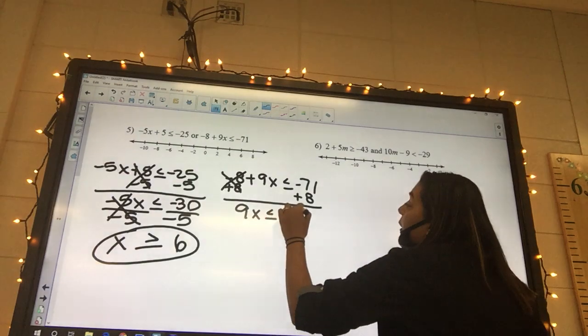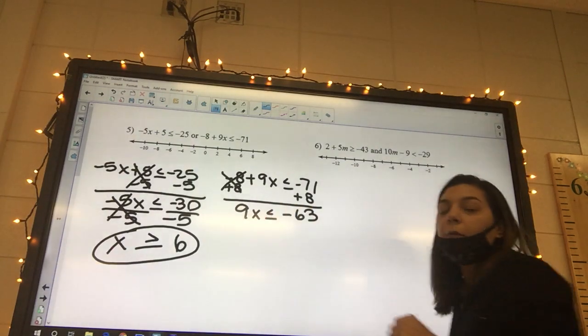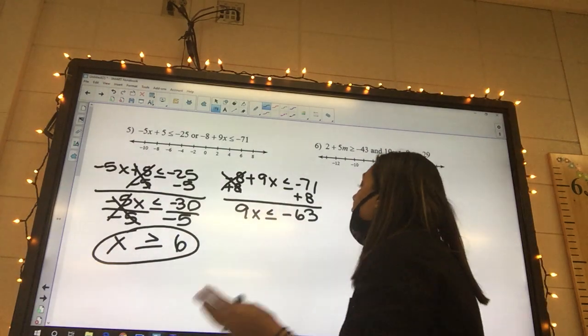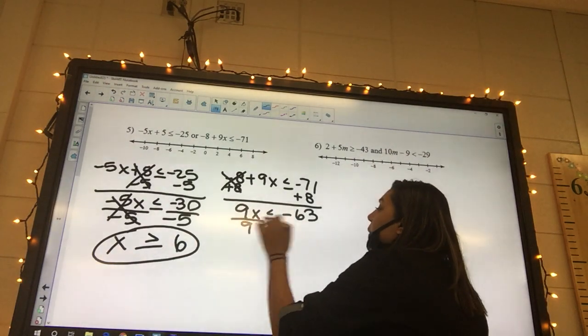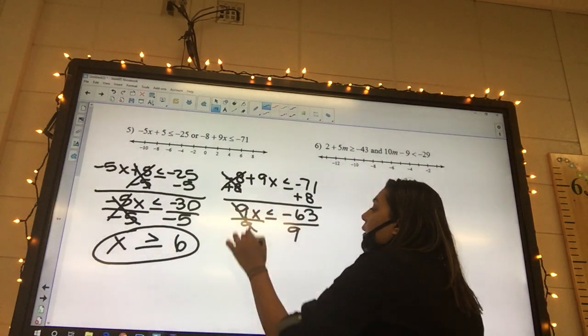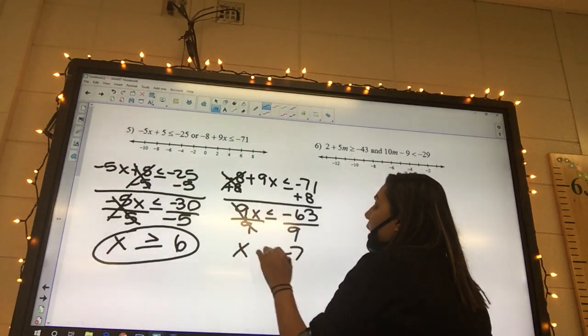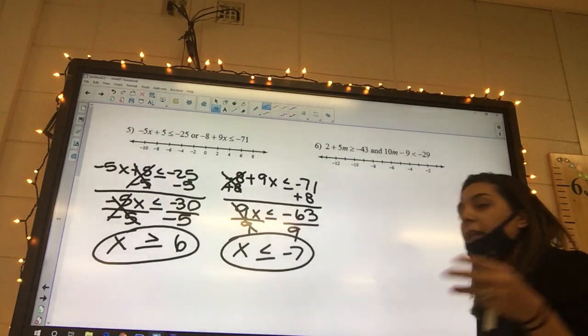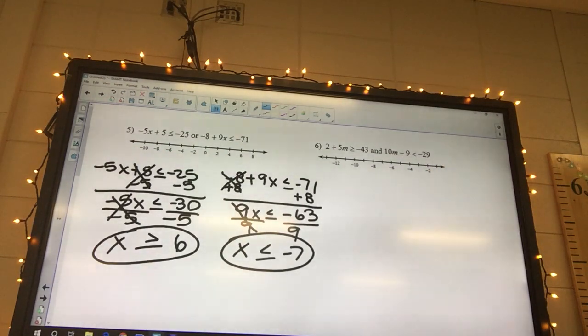Yeah, it would definitely be negative, but I'm just worried about the number part. Okay, and then our very last step is going to be to divide by 9. It would be a -7, and we keep the sign the same because that bottom number, the 9, is positive. It's not a negative, so we don't need to flip it.